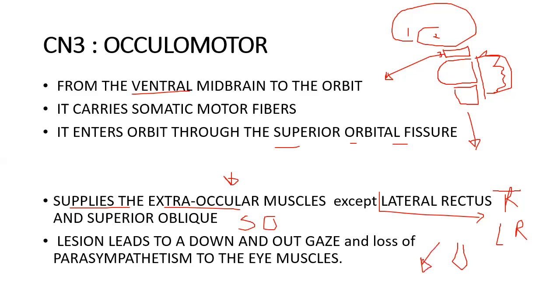If you stand in the anatomical position and then you look at your palm, that's called a down and out. We also lose parasympathetic innervation to the eye, because the oculomotor nerve has some fibers carrying parasympathetic as well, from some centers within the midbrain. But we'll talk in detail about that in neuroanatomy, right?